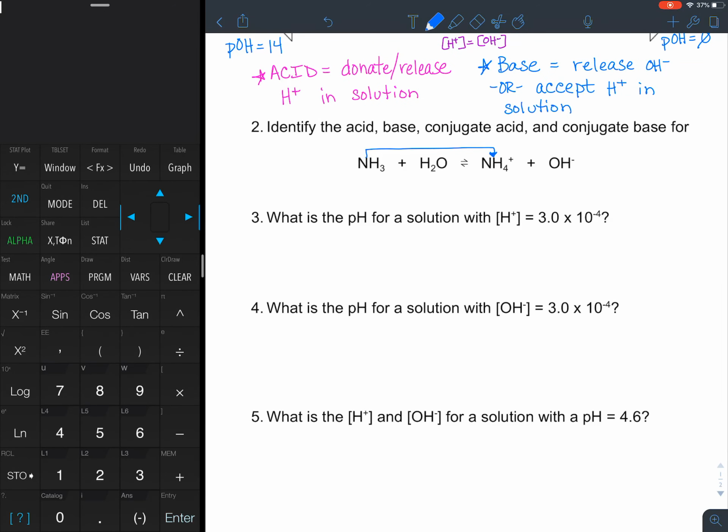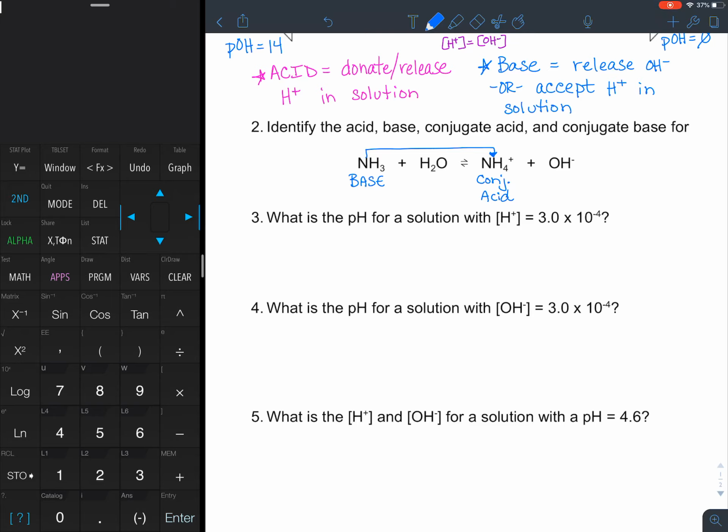If it is accepting or gaining that hydrogen ion, then it had to be the base. What it becomes on the other side is the conjugate acid, which is acting like an acid in the reverse direction.